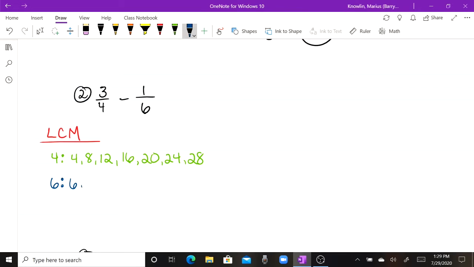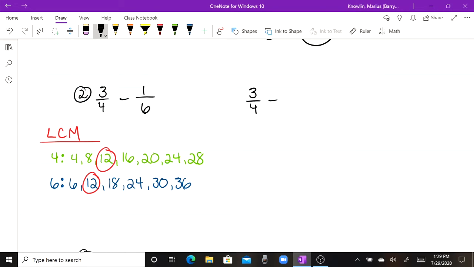For 6's, we do 6, 12, 18, 24, 30. And we can stop at 36. Okay? Now, we're looking for the least common multiple. What is the smallest number that they both have in common? Well, the smallest number that both of these have in common is 12. So 12 is the third multiple of 4, and 12 is the second multiple of 6. So let's go ahead and rewrite our problem.